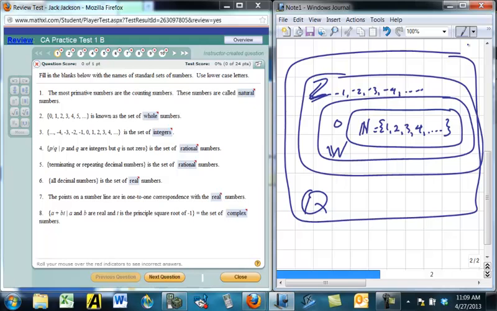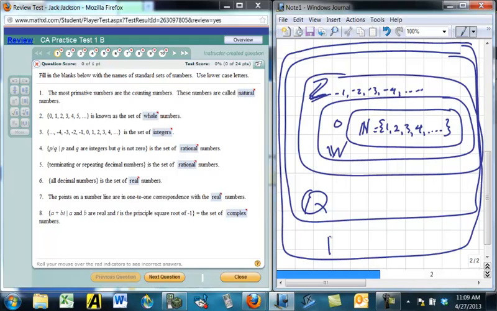All decimal numbers goes on out to the set of real numbers, so the rational numbers are terminating or repeating decimals. The irrationals then would be non-terminating, non-repeating decimals. Together the rationals and irrationals make up the real numbers.